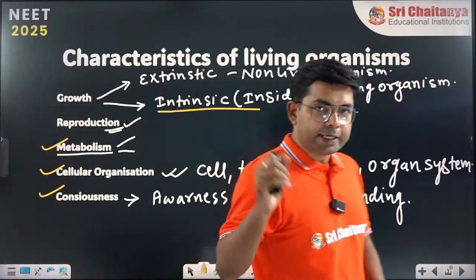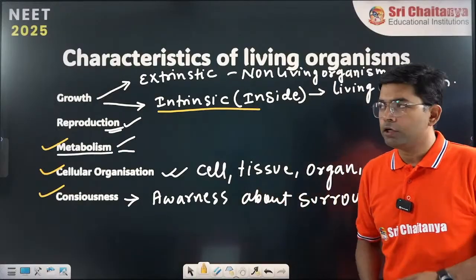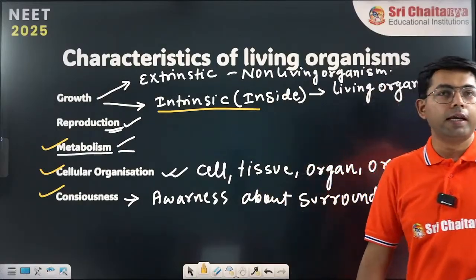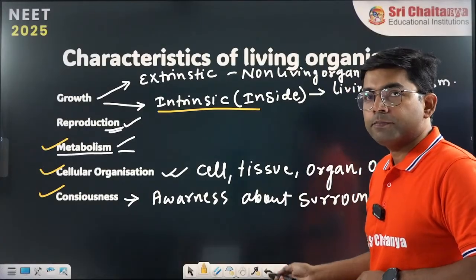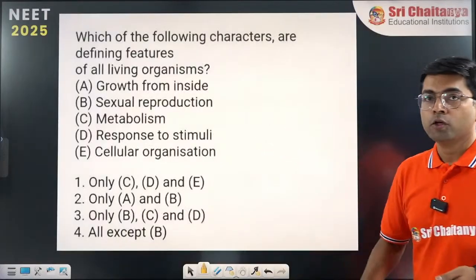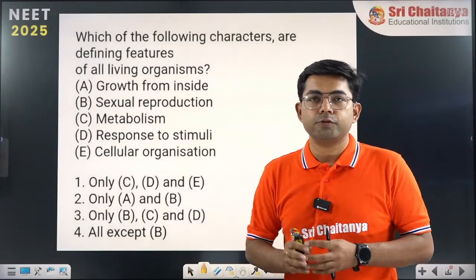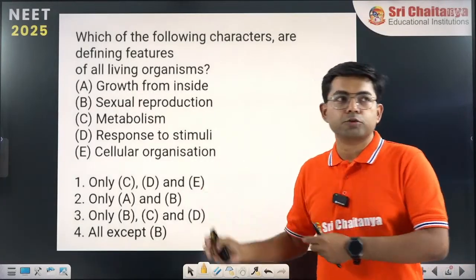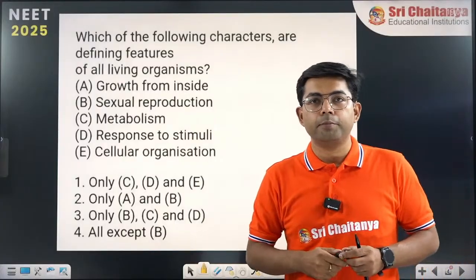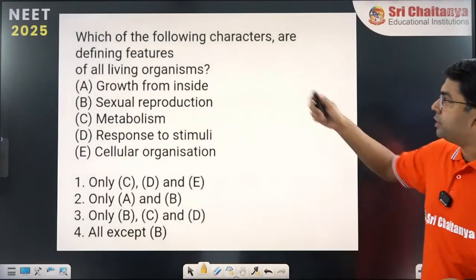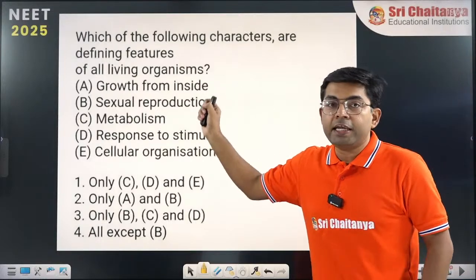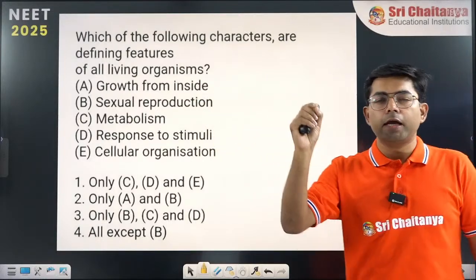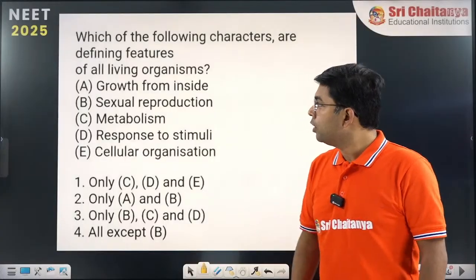I guess all of you have understood this point. From exactly the same point, I am going to ask you one question. Ready? You all have 20 seconds. Try to solve this question and answer it in the comment box. The question says: which of the following characters are the defining features of living organisms?